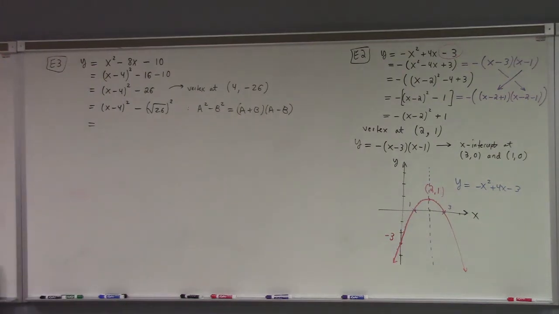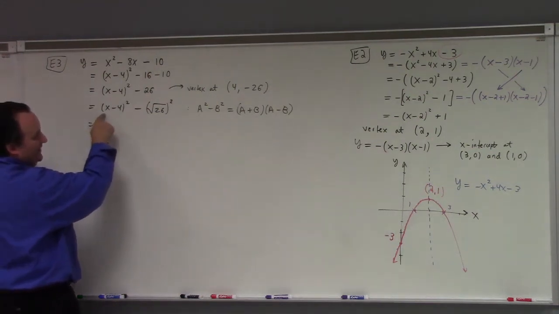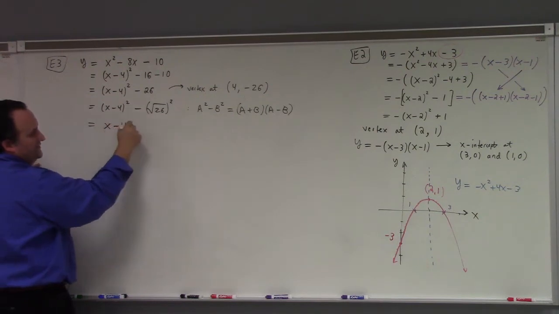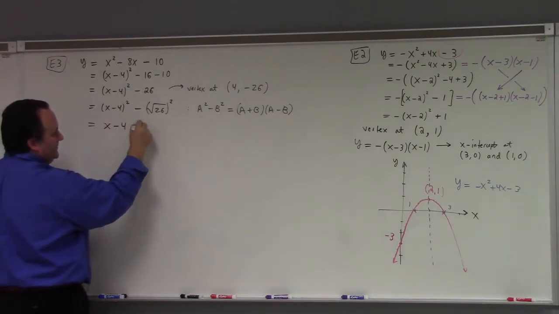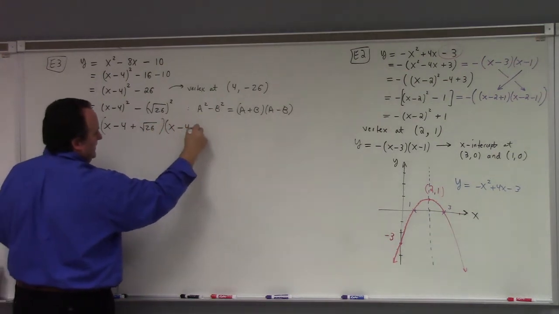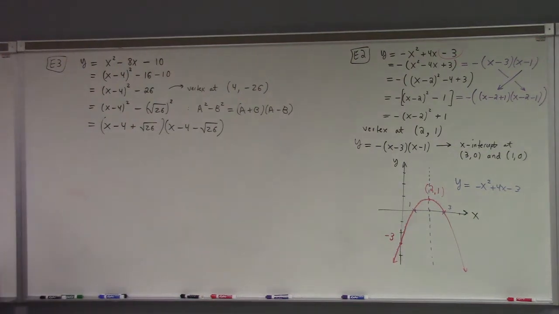I said we'd use it. I meant it. Like most days. Anyway, so this is my a squared, that's my b squared. So I get x minus 4 plus the square root of 26, times x minus 4 minus the square root of 26. Aha, now we have put the quadratic into factored form, right?